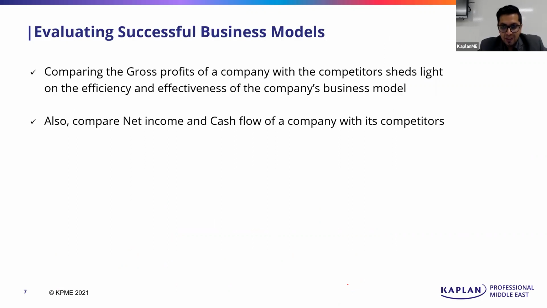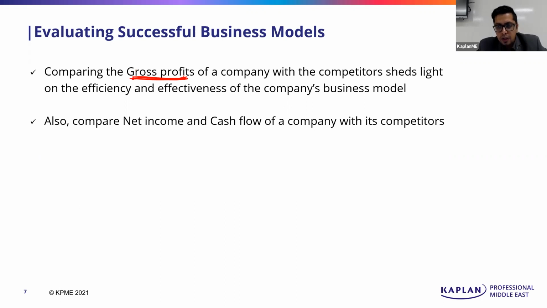Now, as I told you previously, how do we evaluate successful business models? What you do is basically compare the gross profits. You can look at the gross profit of the firm.